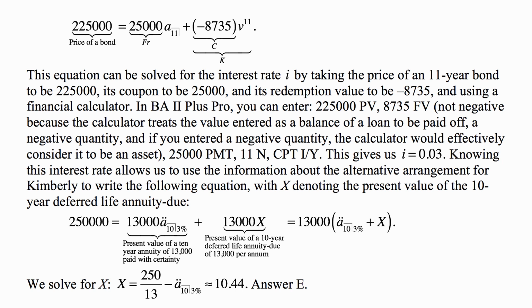Knowing this interest rate allows us to use the information about the alternative arrangement, the second one, for Kimberly to write the following equation, with X denoting the present value of the 10-year deferred life annuity due of 1 per annum. 250,000 is equal to 13,000 ä angle 10 at 3%, plus 13,000 times X, which is the present value of a 10-year deferred life annuity due of 13,000 per annum.